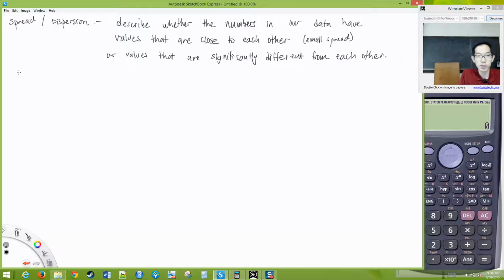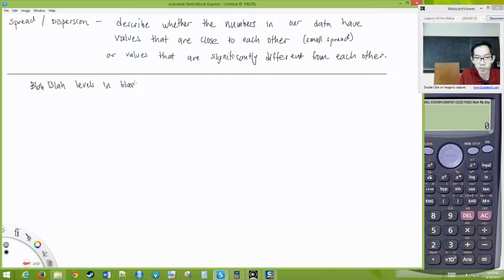Okay, so I'll do my doctor example. So the blah blah levels in blood. Okay. Your value is 240. The typical value is 200, okay?